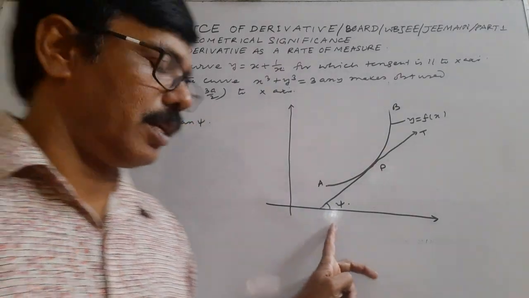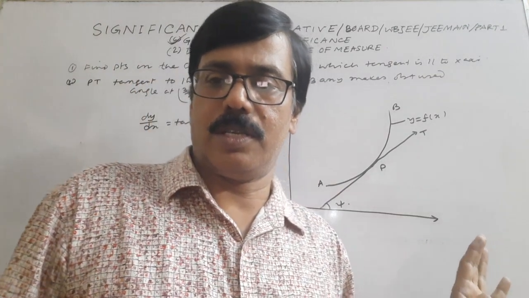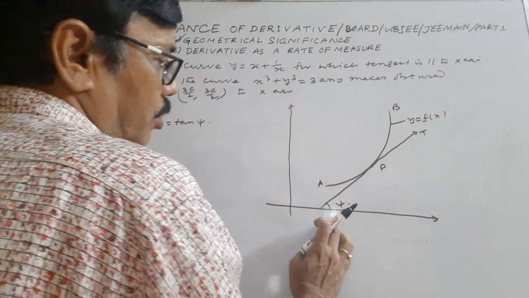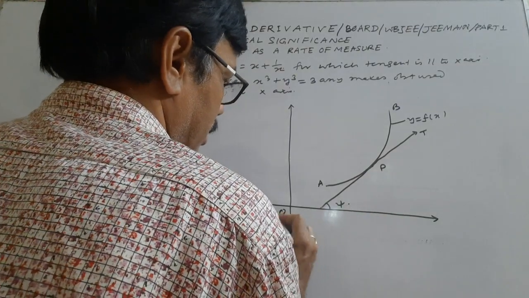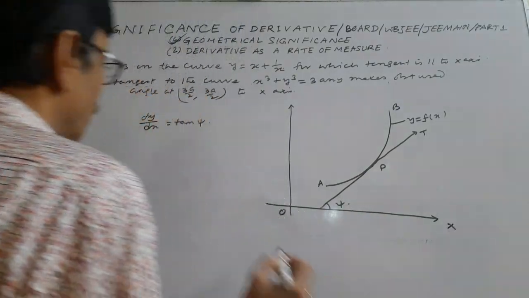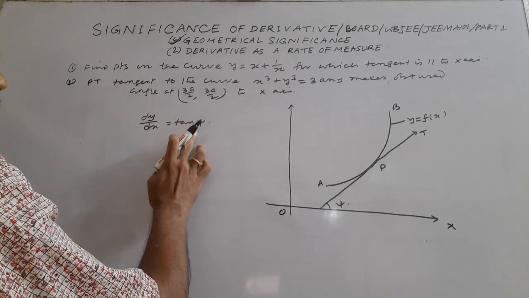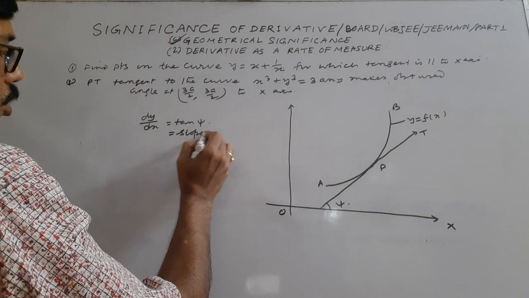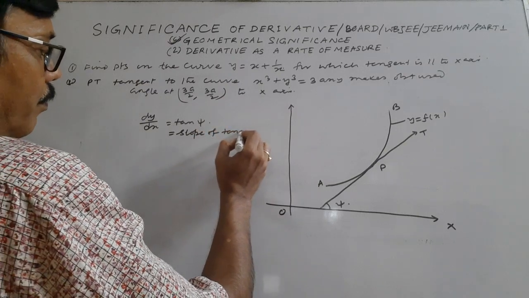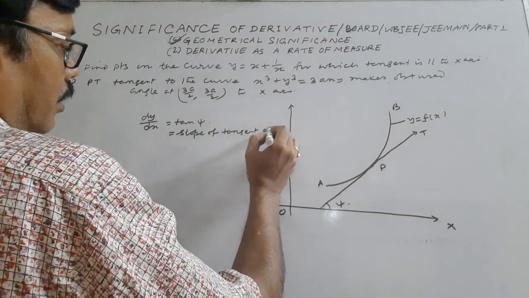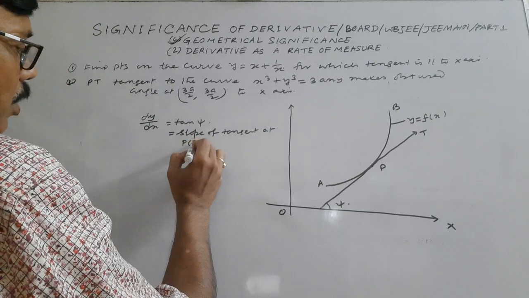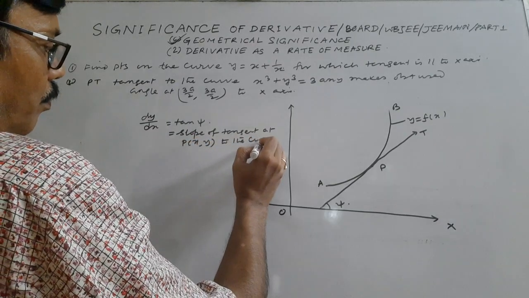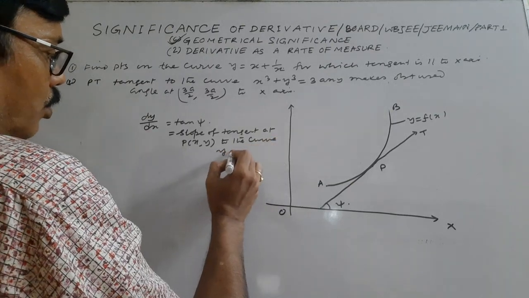What is psi? Psi is the angle made by the tangent with the x-axis. So tan psi is the slope. So what is dy by dx? It is the slope of the tangent at P(x, y) to the curve y equals f(x).